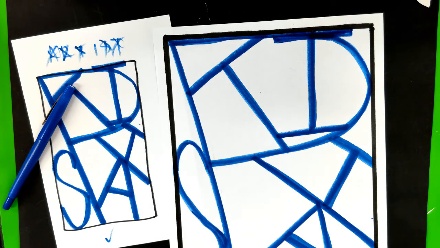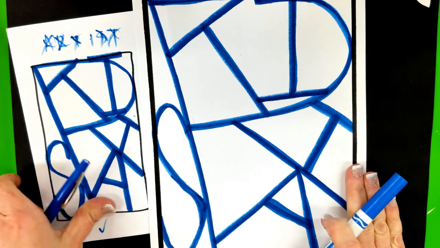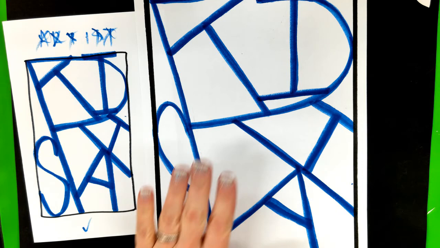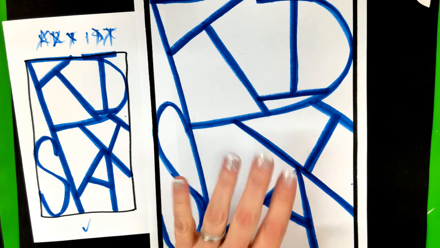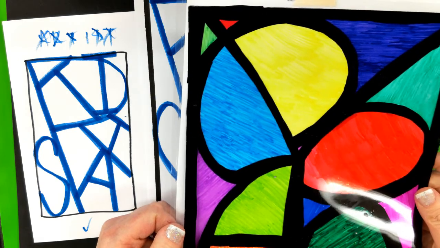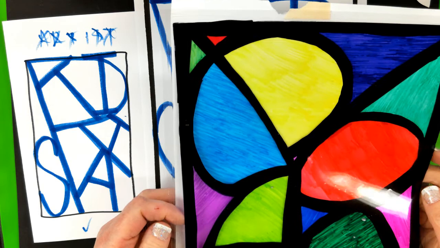Now that my final draft is ready, in my next video I will show you how I use this to transfer my drawing onto the plastic. We'll talk about what to do if you don't have lamination film.